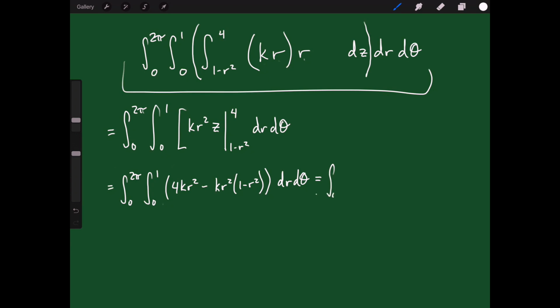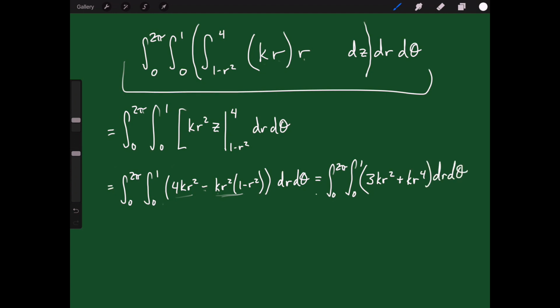This is equal to the integral from 0 to 2 pi, integral 0 to 1 of, this is 4kr squared minus 1 kr squared. So that's 3 kr squareds. And then I get minus kr squared times minus r squared, which gives me plus kr to the 4th. And I still have this dr d theta.